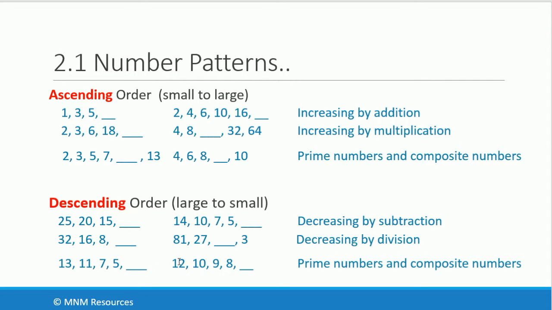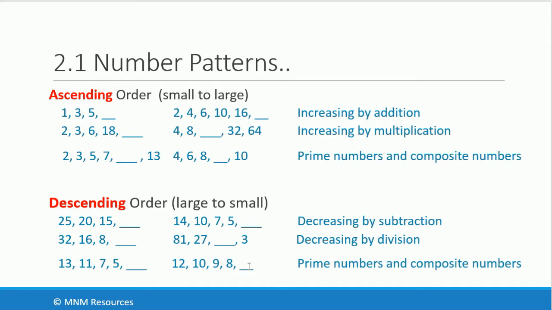Here we've got a decreasing list of composite numbers. You start with 12, 10, 9, 8, and what's the next composite number on that list? Can it be 7? No, 7 is a prime number because it can only be divided by itself and by 1. What's the next possibility? 6.